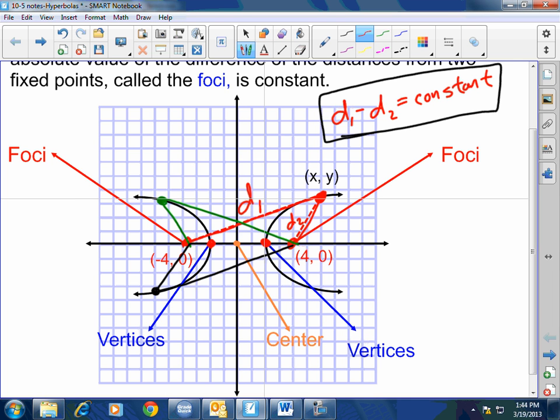So this constant difference equals the length of the transverse axis, which is the absolute value of 2a. Something really good to understand and know. So that constant difference, for example, we had said that it was 5 here. Then the distance from this vertex to this vertex is 5. Okay, guys? Remember that always. Make a note of that.